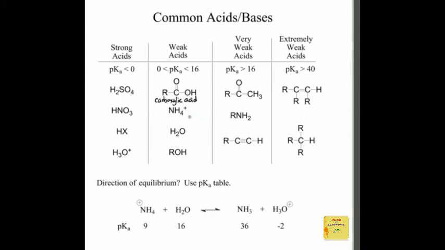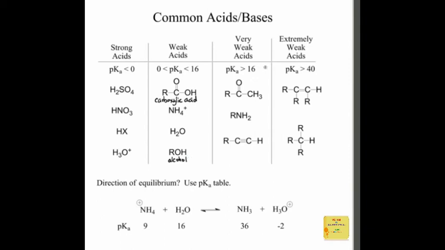Ammonium, NH4+, is also a decent acid, quite easy to donate a proton, as is water, and just an ordinary alcohol. An alcohol has a pKa closer to this 16. Carboxylic acid has a pKa down here closer to 0. But all of these compounds are quite reasonable to deprotonate. It's quite easy to deprotonate these.